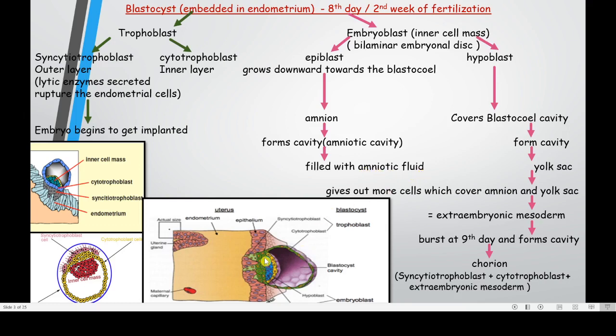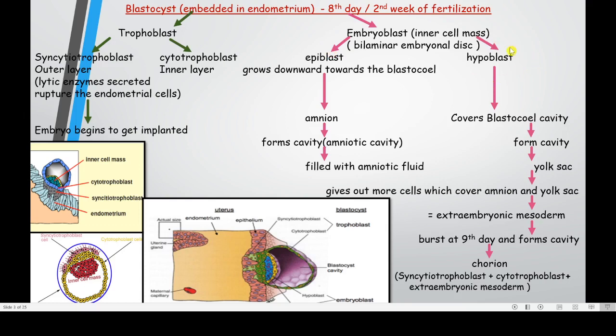Of the two layers that form because of this growth, the downward row of cells is called amnion, and upward is the epiblast. So newly formed cells will be called amnion, and the epiblast is there only.